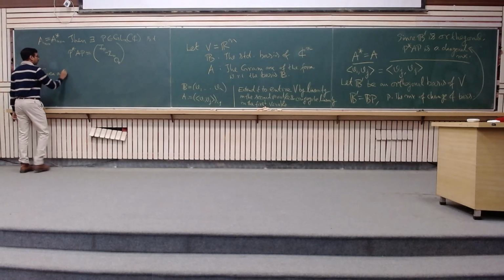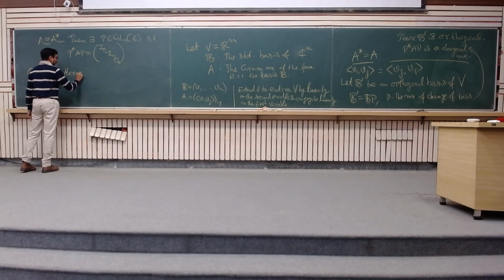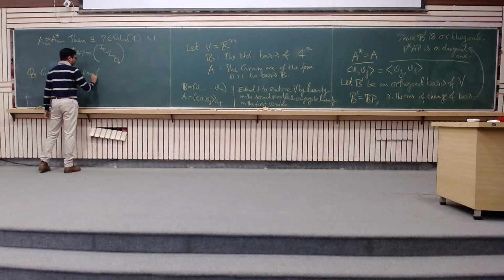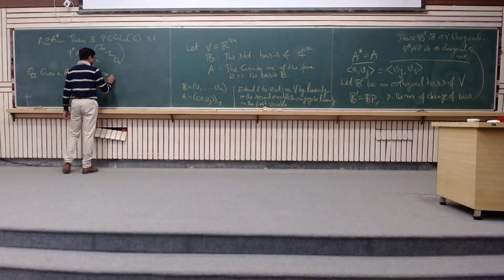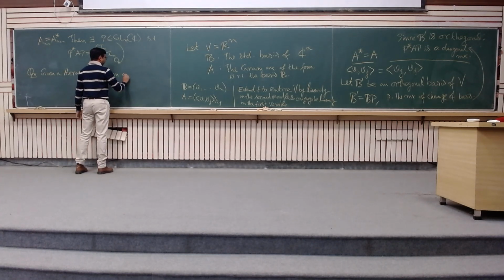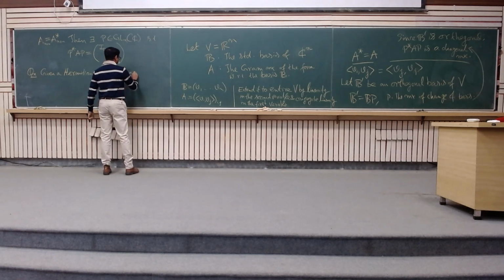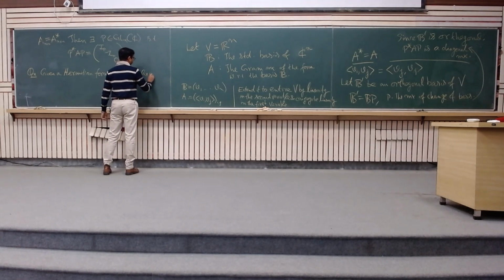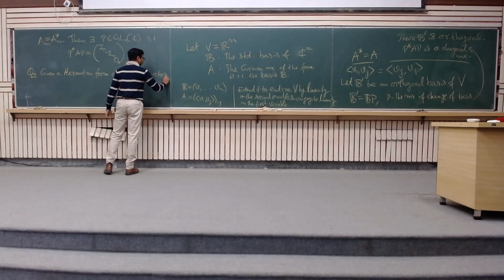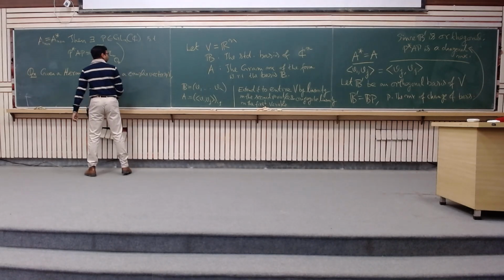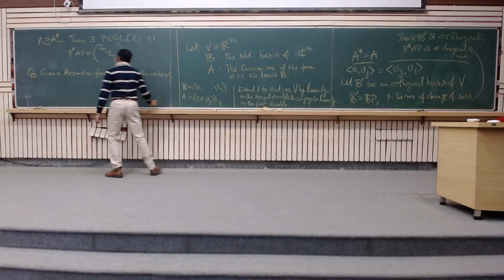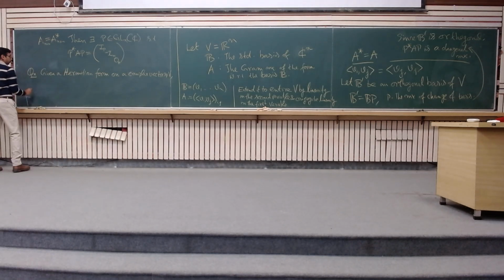Given a Hermitian form on a complex vector space V, there exists a basis.